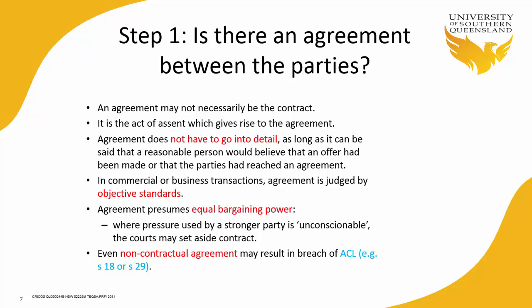Even though there was no agreement, there would be a non-contractual agreement, so it's not something that you have bargained for. A non-contractual agreement may also result in breach of the ACL under sections like section 18, which is misleading conduct, and section 29. We'll talk more about these when we get there. All right.